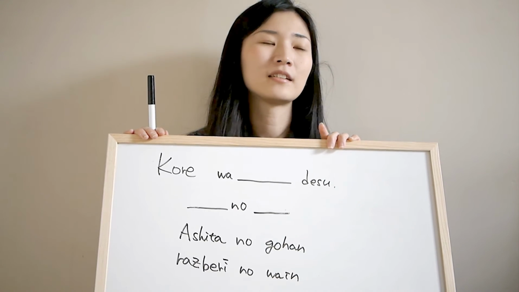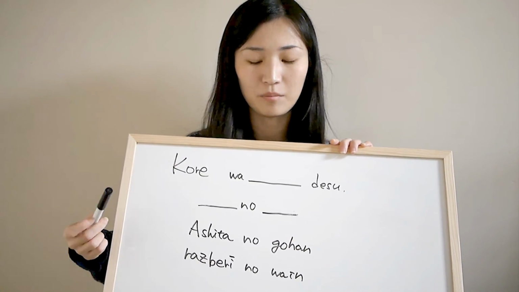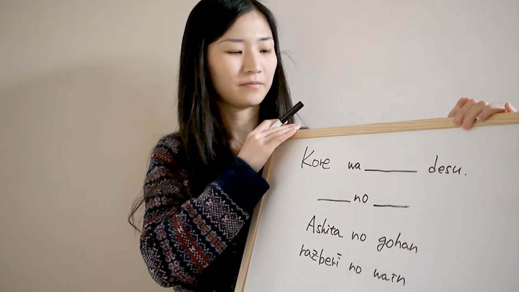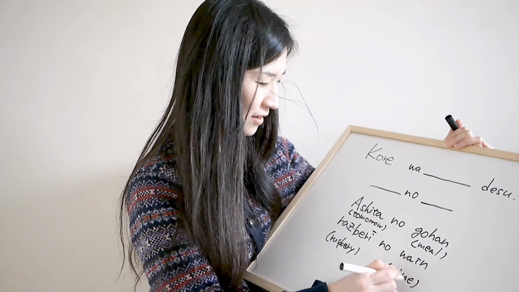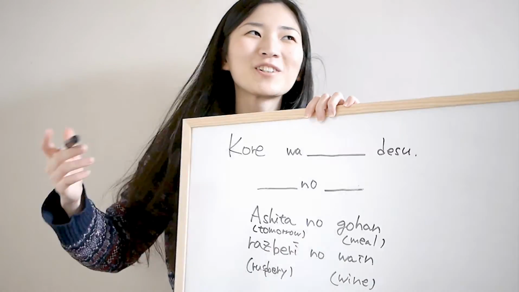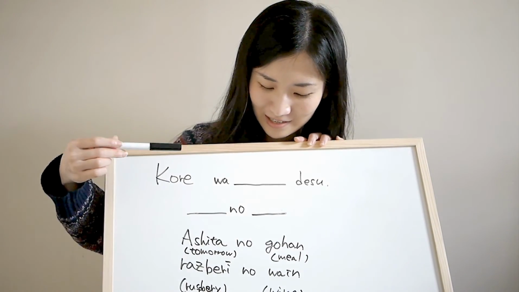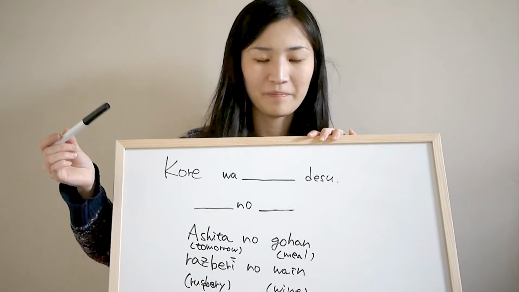Wine is said wine in Japanese, and this is the case that we write in katakana, because both are English words. I'm not sure if I wrote the correct spelling for raspberry, but yeah. So meal of tomorrow and wine of raspberry.